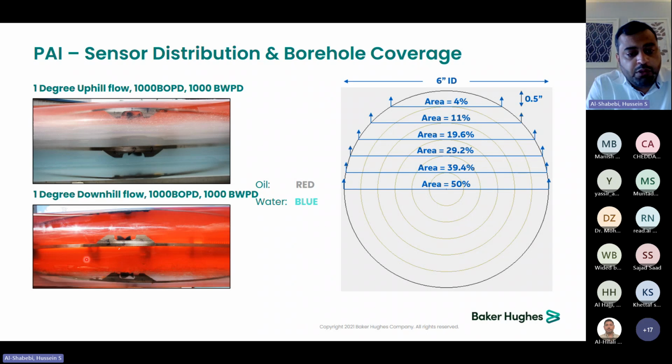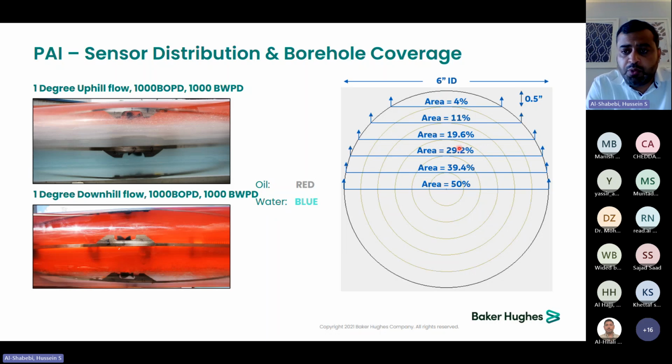If we put the deviation at 91 degree, now the water is occupying a small portion at the bottom side of the wellbore. If the tool is decentered only by 0.5 inch, then our sensor is at this location. So if your oil is above you, you will not see it, and you will see almost 100% of water. So it can introduce a 4% error to your measurements.